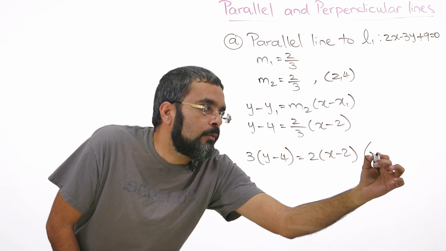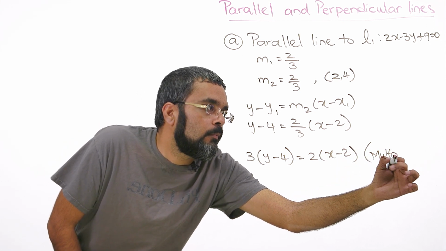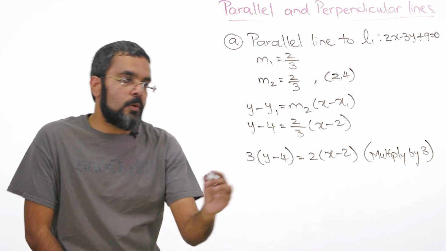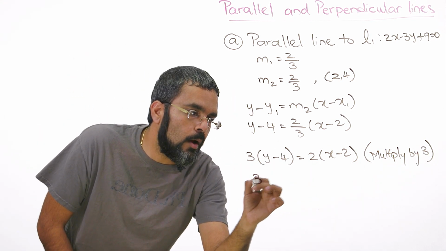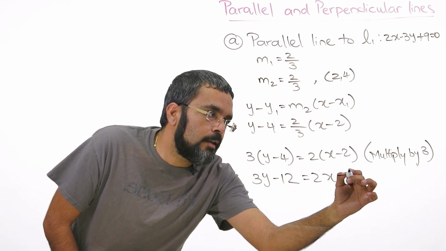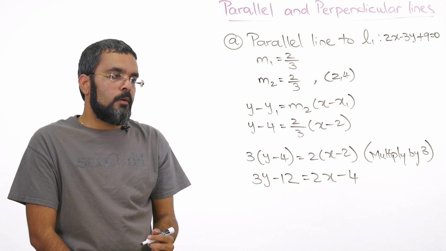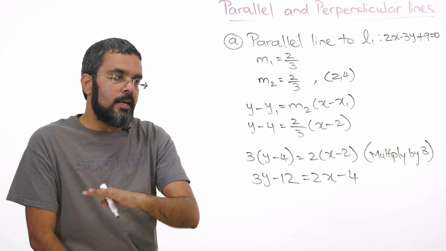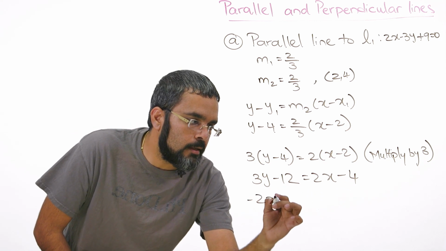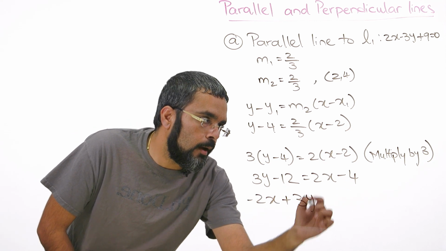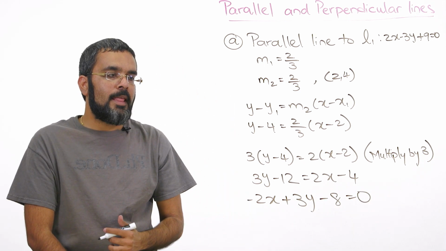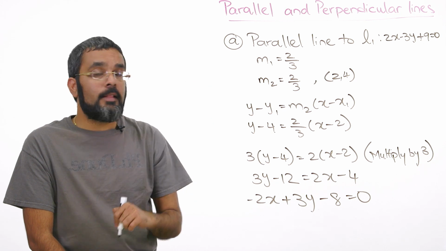Now I distribute, so I get 3y minus 12 equals 2x minus 4. Now I want to get everything on one side and leave 0 on the other. So I subtract, and I get negative 2x plus 3y, and I add a 4 minus 8 equal to 0. And that would be the equation of the line that is parallel.